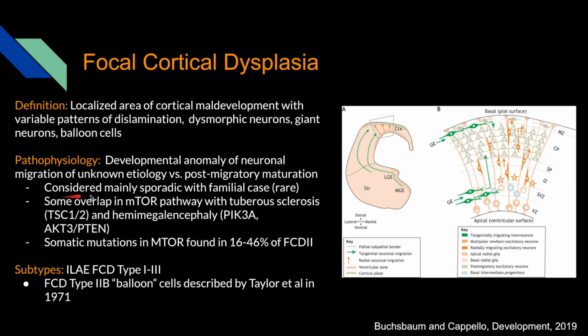Again, it's considered mainly sporadic, but there are some rare familial cases, and there does seem to be some overlap with other conditions that we'll talk about in future lectures that are abnormalities of the mTOR signaling pathway, implicated in tuberous sclerosis and hemimegalencephaly.